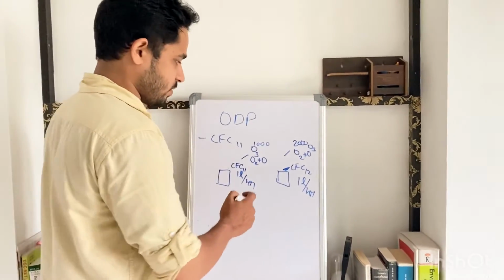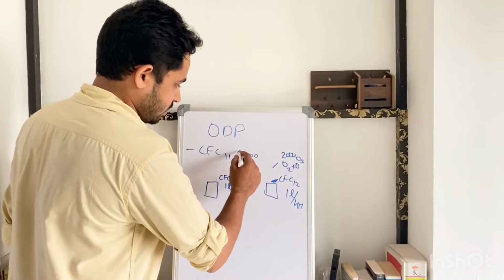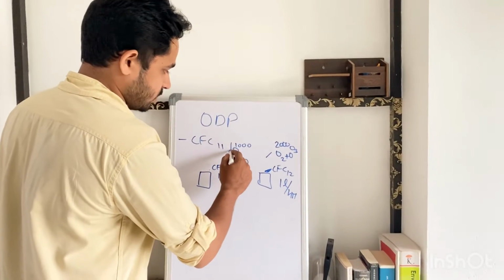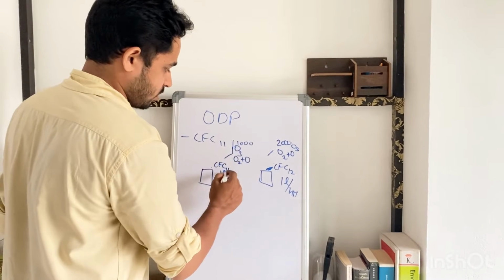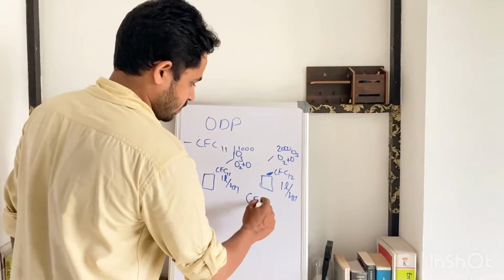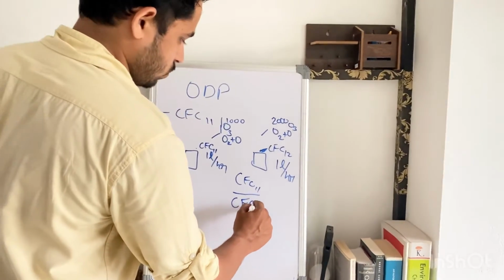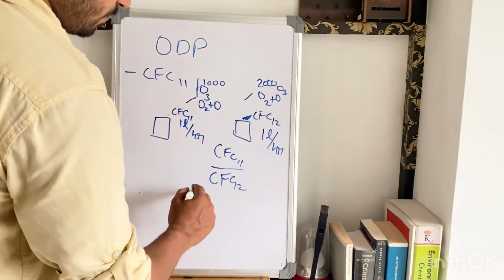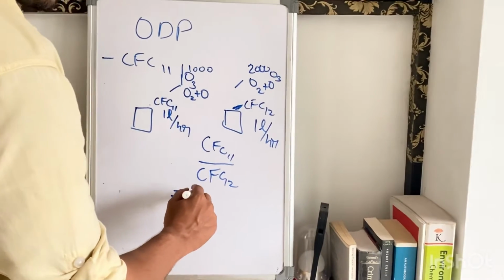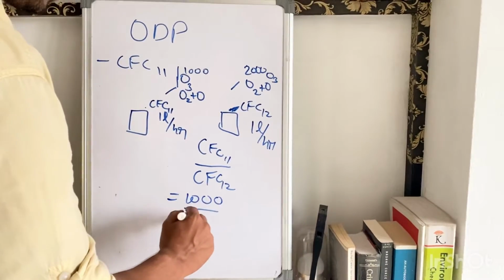So in this scenario, when we compare the ozone depletion of CFC 11 and CFC 12, it would be like 1000 by 2000.